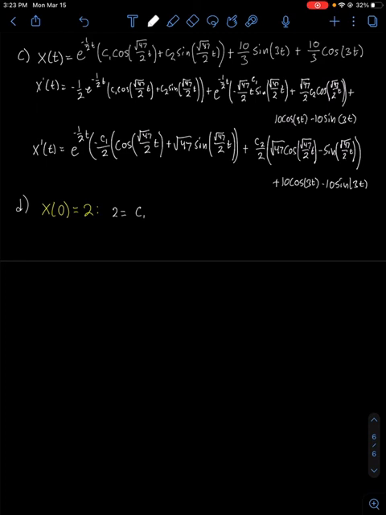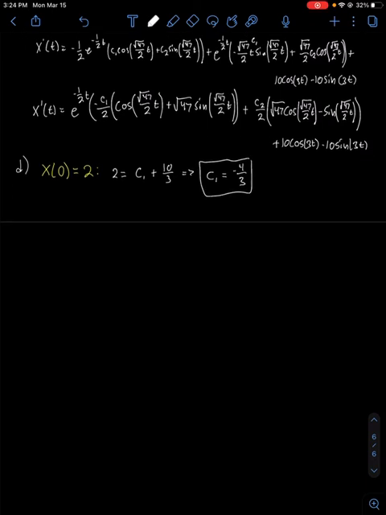And then sine of 0 is 0, so we don't have to worry about that term there. And cosine of 0 is 1. So C1 plus 10/3, which means C1 equals 2 minus 10 over 3, which is 6 over 3 minus 10 over 3, which is minus 4/3.